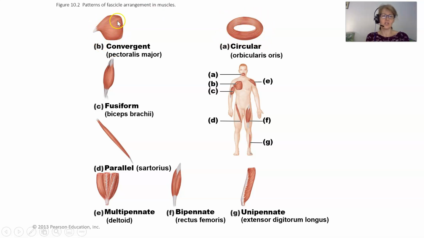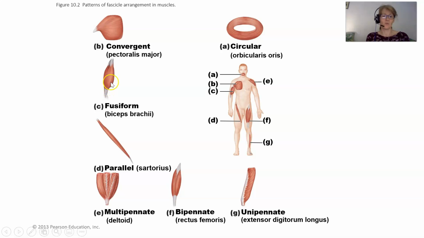Convergent allows lots and lots of muscle fibers to go to one point. So it enables you to get a lot of power in the muscle, because the number of muscle fibers allows for power. Fewer muscle fibers, less power. More muscle fibers, more power. Sort of makes sense.